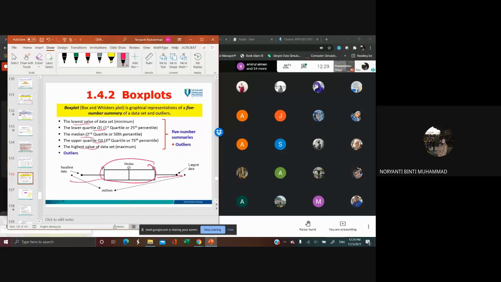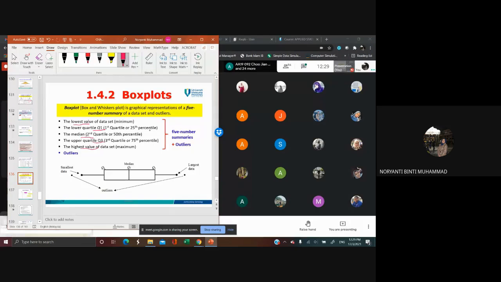And then another important thing here is outliers. Okay, you should remove the outliers. So if you look at this figure, you have outliers. Outliers should be outside the largest data and the smallest data. And then you have Q1, Q2, Q3.